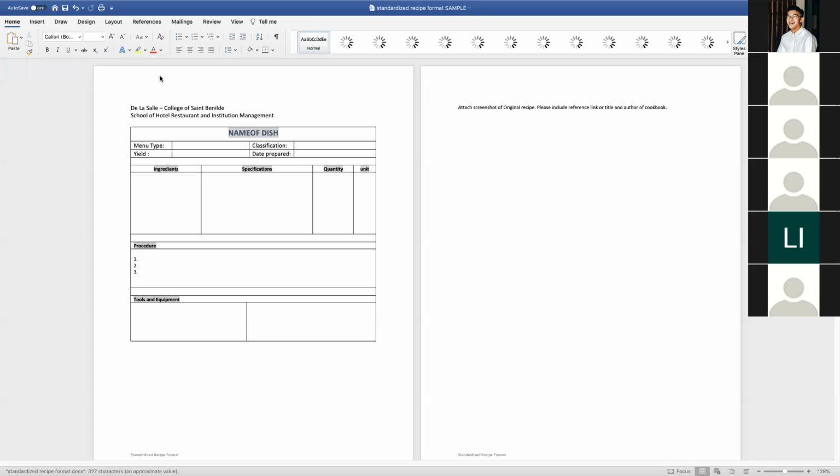Please also attach a screenshot of the original recipe or the link, but better if you do a screenshot so that it's easier to check side by side the recipe that you're using and what you transferred on the other page. All right, is that clear, guys? Yes po. Great, thank you.